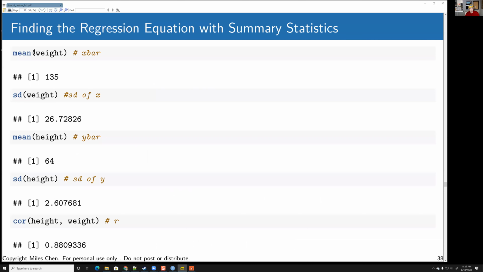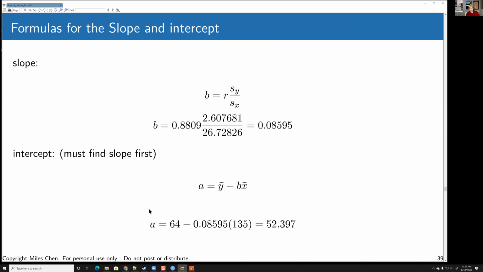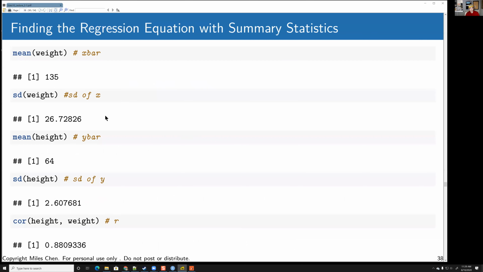All right, so we have the mean and standard deviation for all of these things. And so this is how we would calculate the slope. The slope is the correlation times the standard deviation of y divided by the standard deviation of x. The correlation between x and y is 0.8809, the standard deviation of y is 2.607, and the standard deviation of x is 26.728.